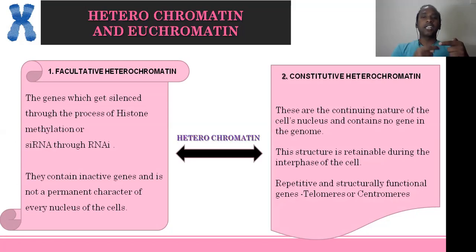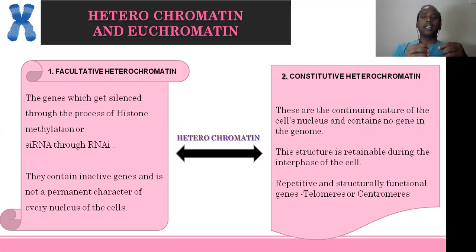But if you see the constitutive heterochromatin, constitutive means continuous in a heterochromatin state, where definitely no gene is present on that particular region. And the structure is retained during the interphase of the cell, right? So every interphase of the cell, the structure is regenerated or retained.